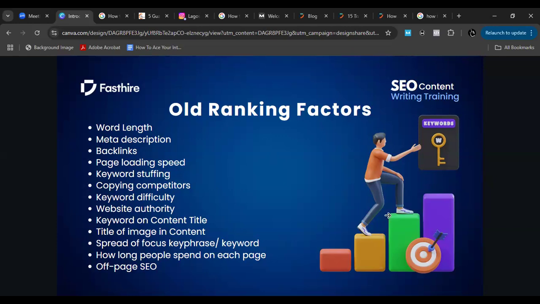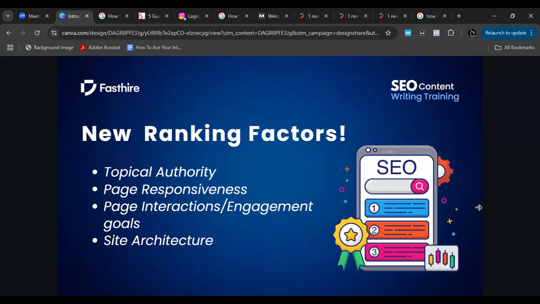We're also going to touch on that a bit going forward. But here are some of the new ranking factors, the things that make content rank.